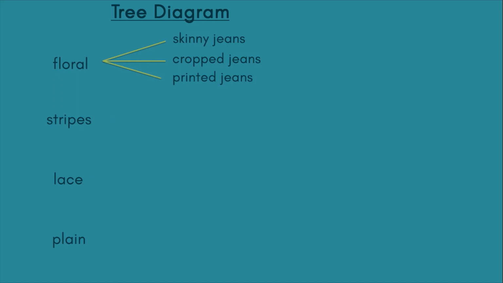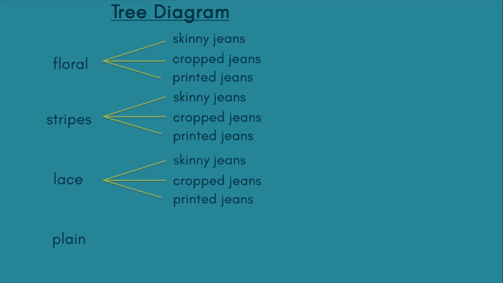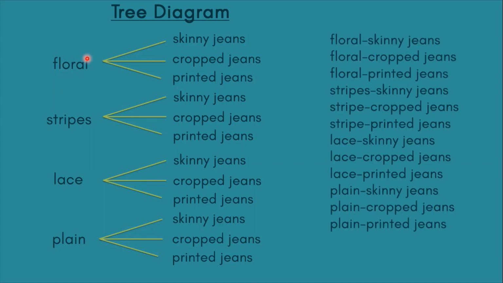Kapag ang pinili mo namang blouse ay stripes, again, pwede mo rin siyang partneran with skinny jeans, cropped jeans, and printed jeans. Ganon din sa mga iba pang blouses. So, kung mapapansin nyo, we have how many combinations of outfits. So, pwede kang naka-floral na damit na naka-skinny jeans, that is one outfit.